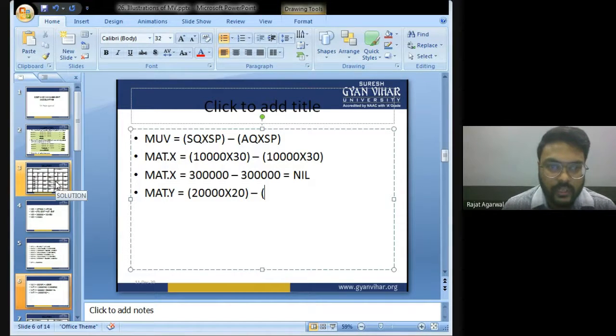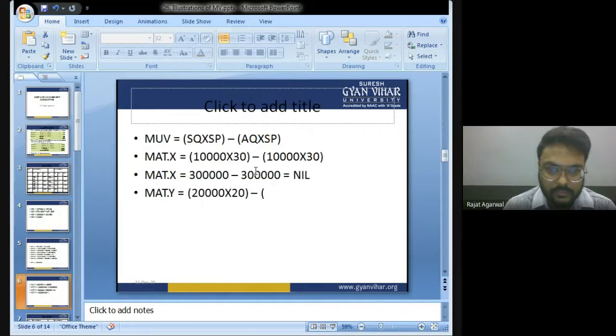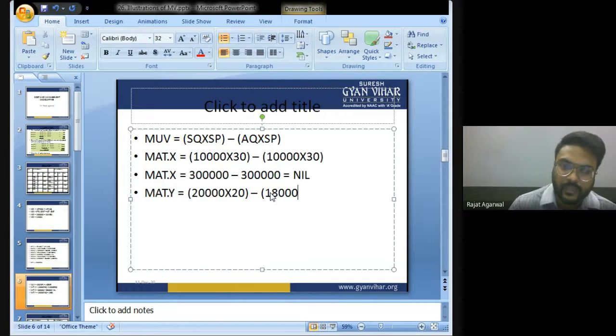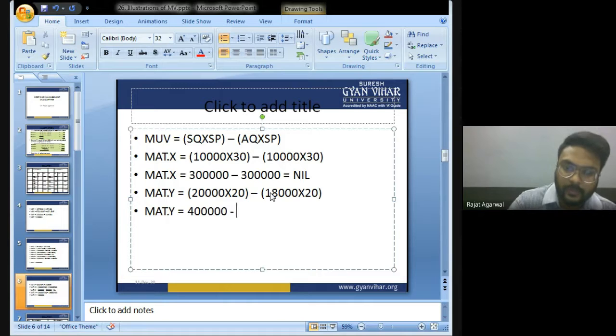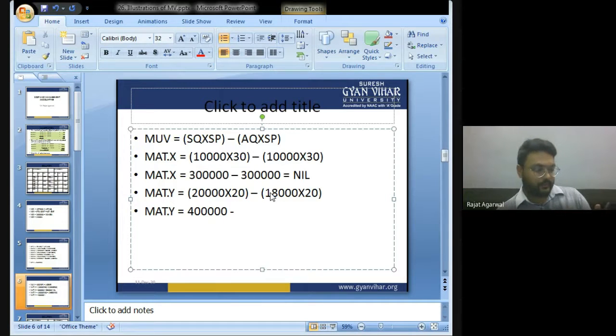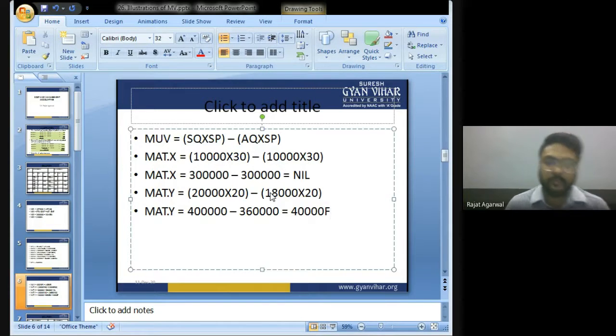Then actual quantity of Y is 18,000 into standard price of Y, 20. 20,000 into 20, 4 lakh. 18,000 into 20, 3 lakh 60,000. Answer will be 40,000 favorable.